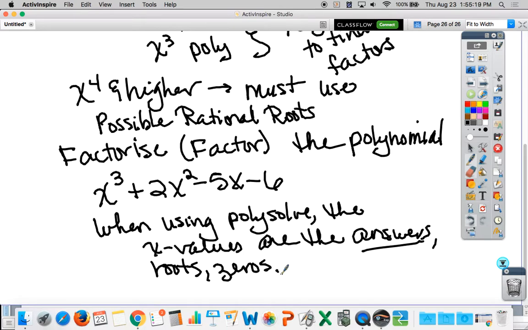So go ahead and do your poly-solve and you should have 3 different answers, I believe. Did they give you 3 answers or no? Okay. Tell me what they are. -3, 2, and -1. Okay.